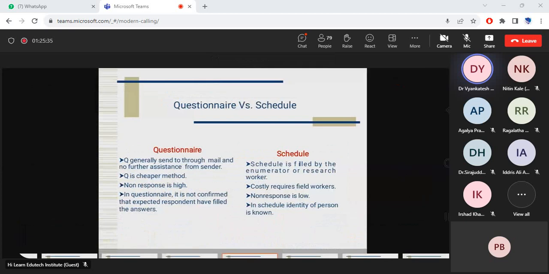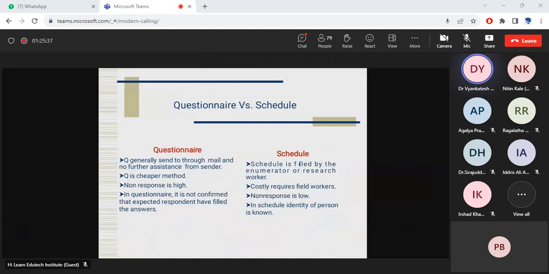What is the difference between them? Questionnaires are generally sent by mail with no further assistance from the sender. Questionnaires are a cheaper method, the non-response rate is high, and it is not confirmed whether the respondent has filled in the answers or not. Schedule is filled by the research investigator or research worker.